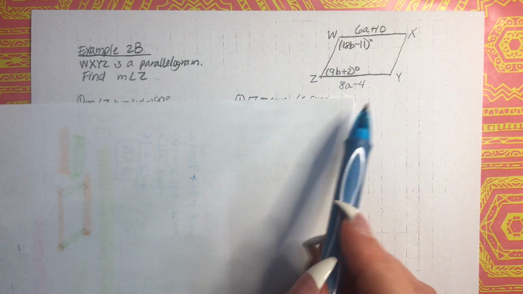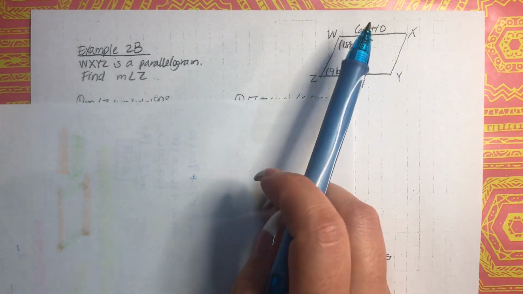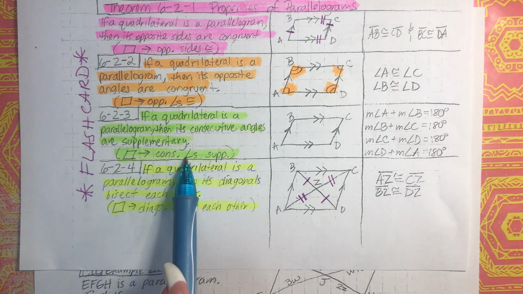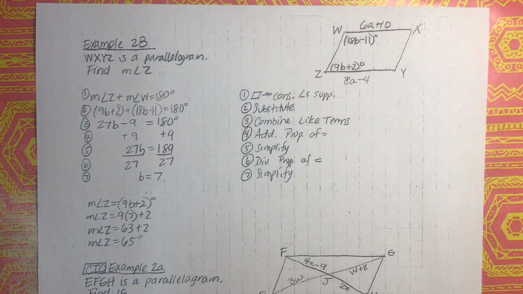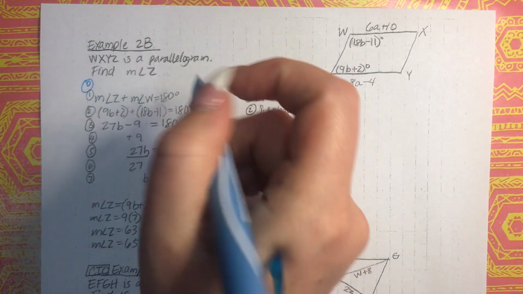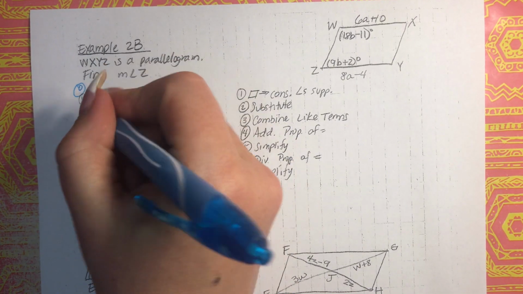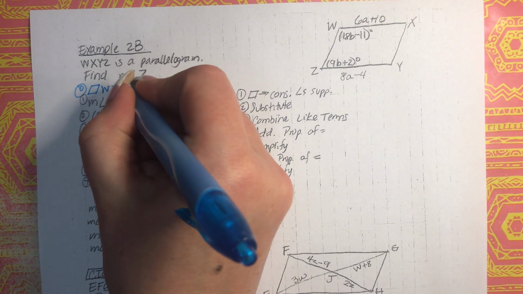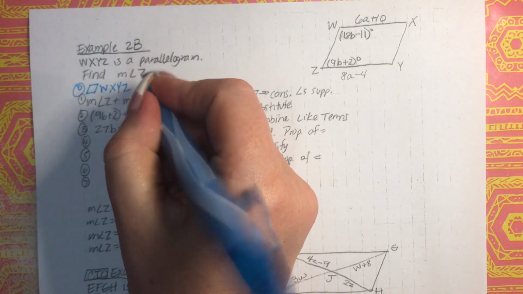What do you see? We have some sides, and we have some consecutive angles here, and what do we know? We know that if it is a parallelogram, then the consecutive angles are supplementary. So we're going to be using this theorem here, but we have to state our given information first. The first given information is that it's a parallelogram, so we have parallelogram WXYZ, and notice it's in that order.